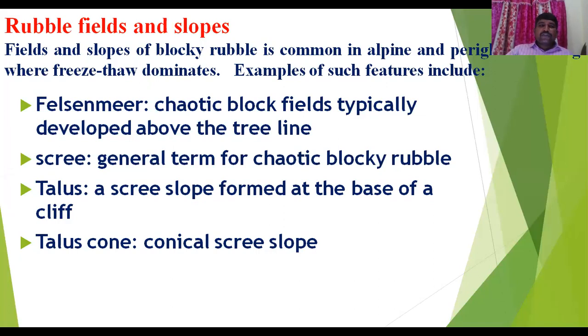Examples of such rubble fields and slopes include felsenmeer, scree, talus, and talus spots. Felsenmeer: chaotic block fields typically developed above the tree line are known as felsenmeer. Scree is the general term used for chaotic blocky rubble.